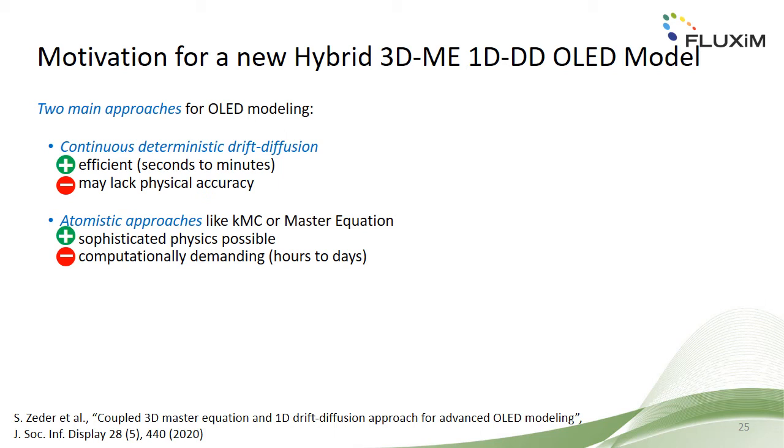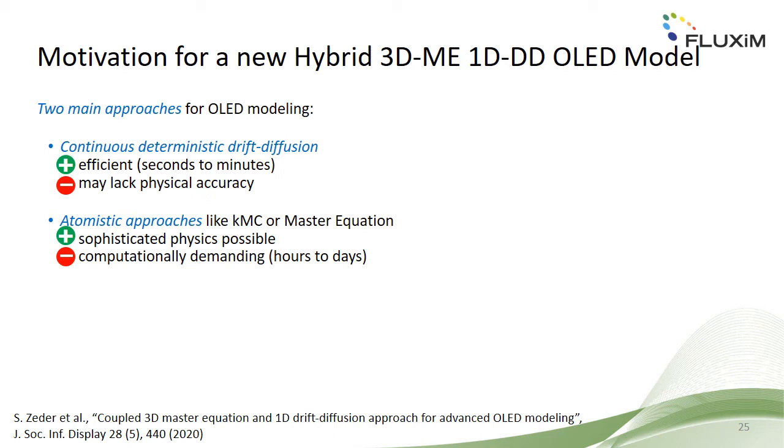That's basically what was used in this presentation so far. It is a very efficient calculation method. It takes seconds and minutes only. However, it may lack physical accuracy, especially when it comes to excitonics. Exciton interactions and migration involve long-range processes.